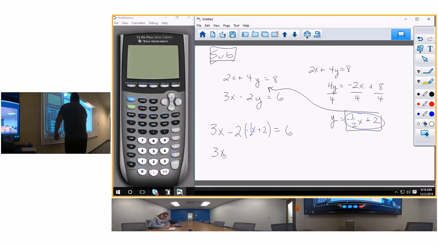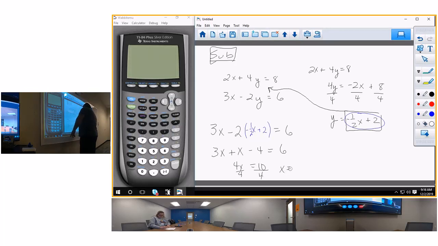Negative times negative is positive. And what's 2 times 1/2? 1. And what's negative 2 times positive 2? 3x plus x is 4x. Bring that negative over here, that's 10. Divided by 4.